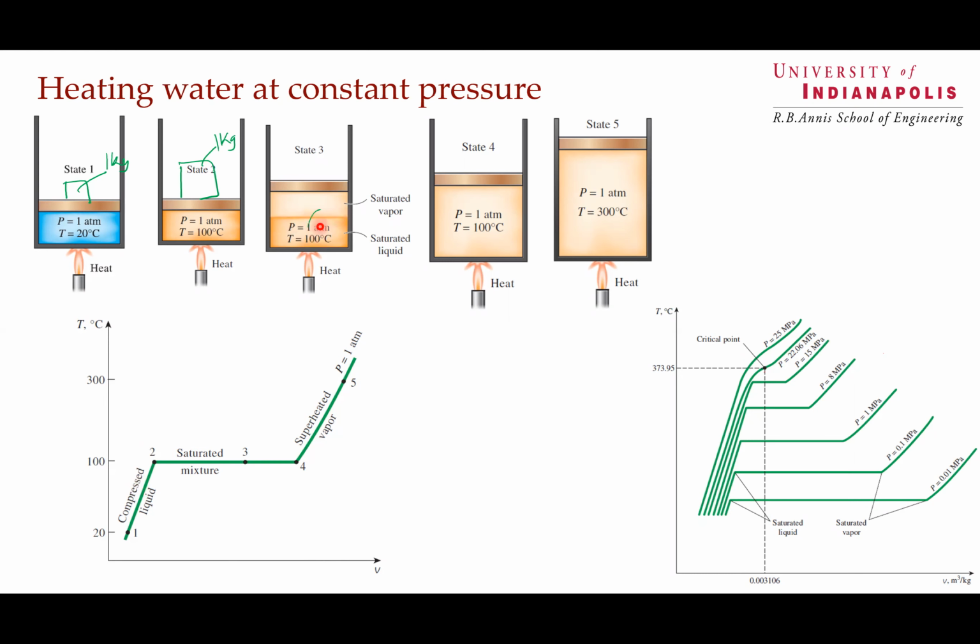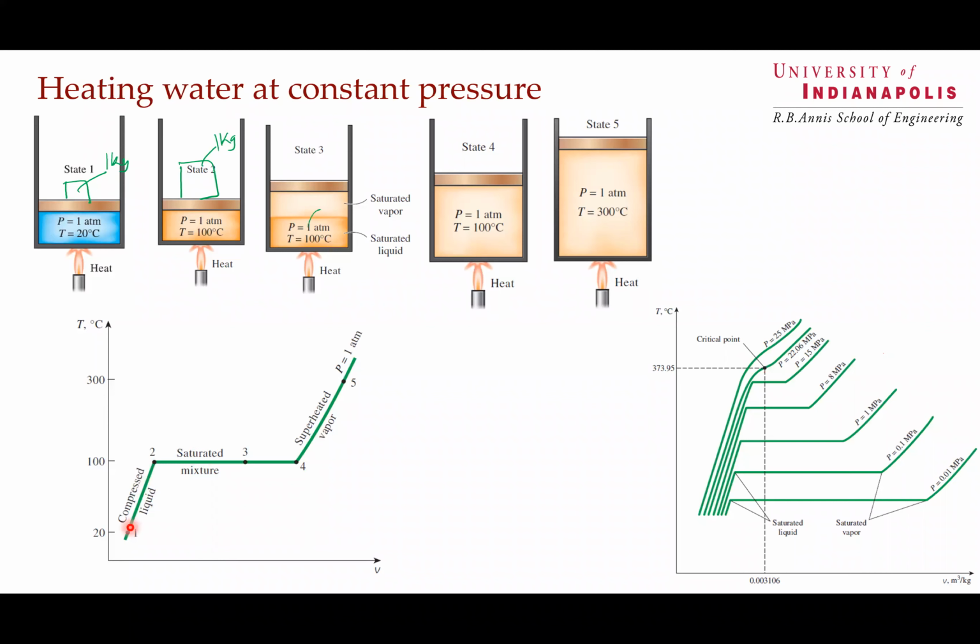That state is called the saturated liquid-vapor mixture region. Once you pass state 2, where it is a saturated liquid, we have a saturated liquid-vapor mixture. State 3 can be anywhere between state 2 and 4 on this line.